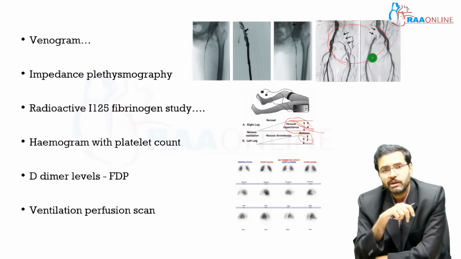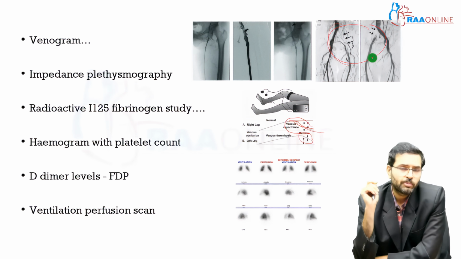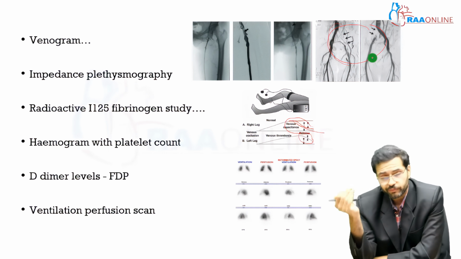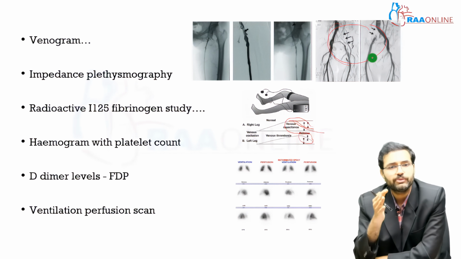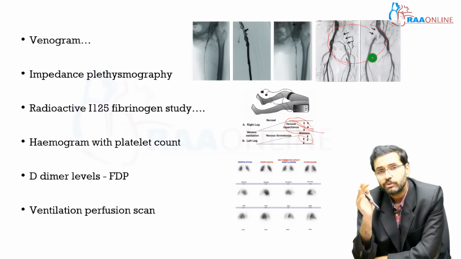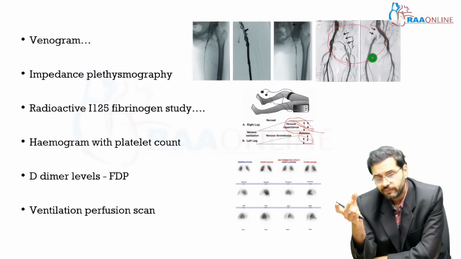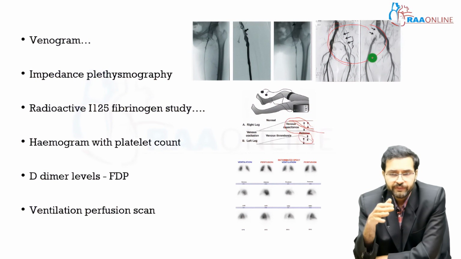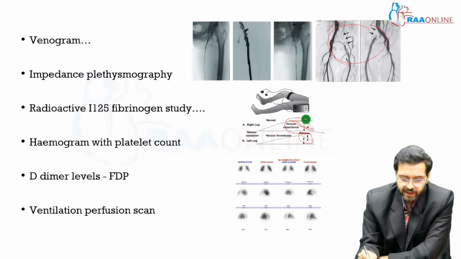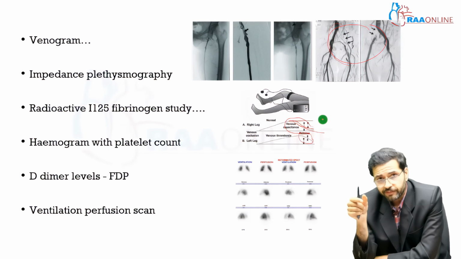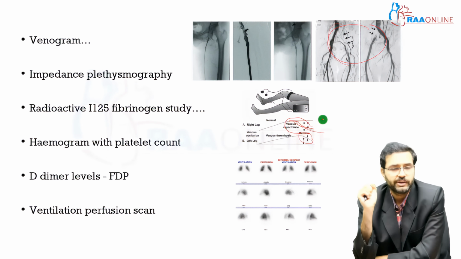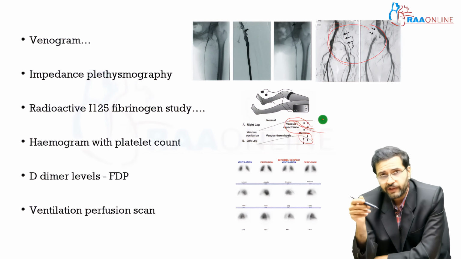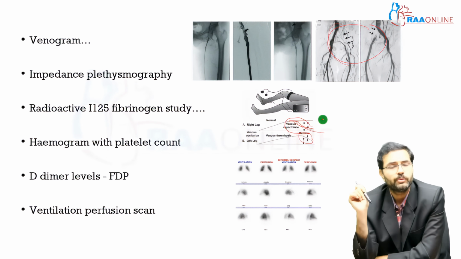Another modality which can be used is an impedance plethysmography, which is used to identify the rate of venous flow. Here a cuff is applied at the level of the upper thigh and it is inflated until you find there are no signals coming from the veins. This cuff is deflated all of a sudden, and you identify the rate of venous flow.